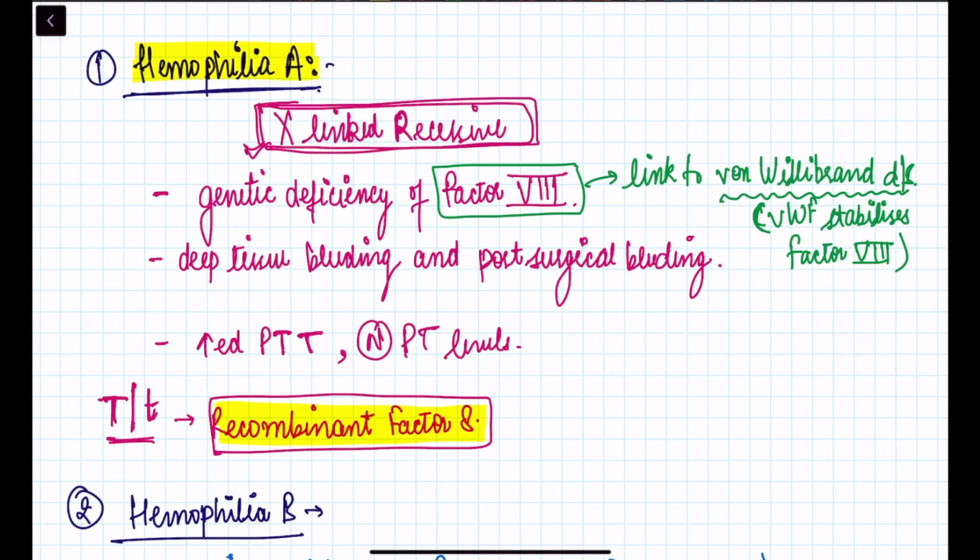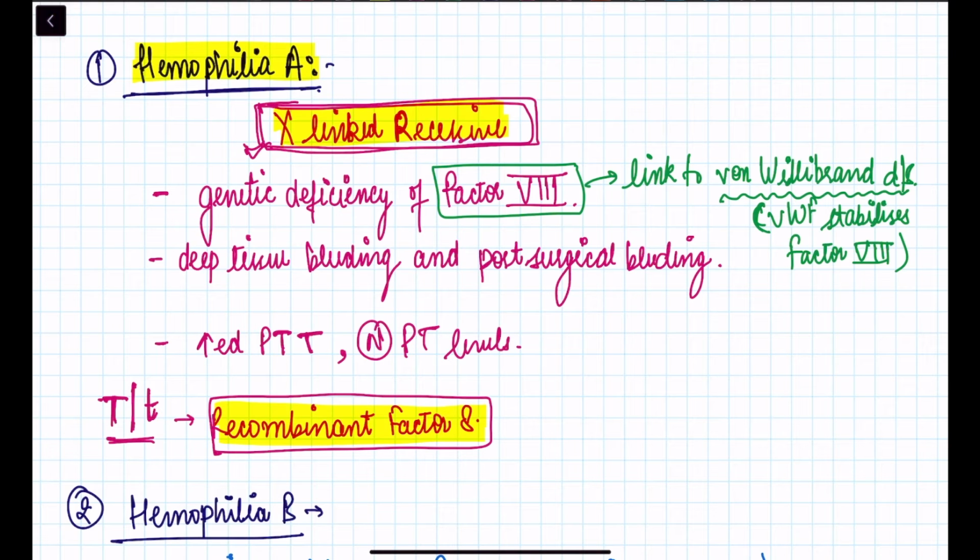The first disorder is hemophilia A, which is a very common disorder, and a very important thing that you must take home is that it is X-linked recessive. This will somehow be asked on the exam, maybe as a direct vignette or an indirect thing, but you gotta know that.